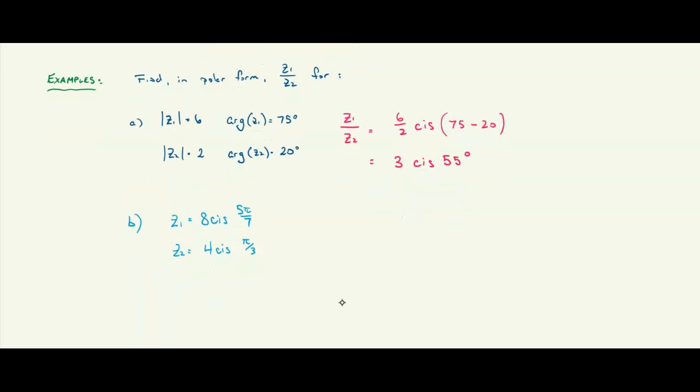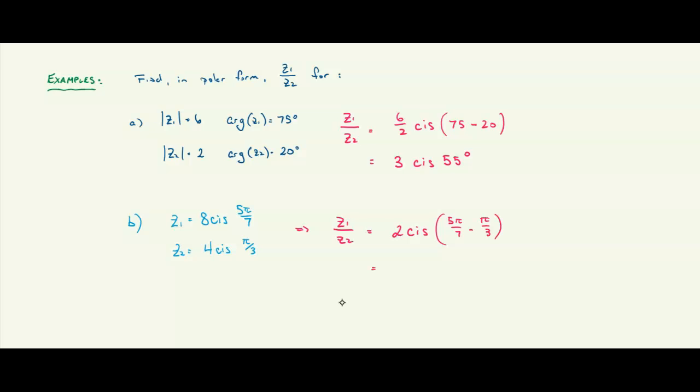Okay, part B, Z1 over Z2 here. Z1 over Z2 will equal 8 over 4, so 2 cis. Now we're taking 5 pi on 7 and subtracting pi over 3.